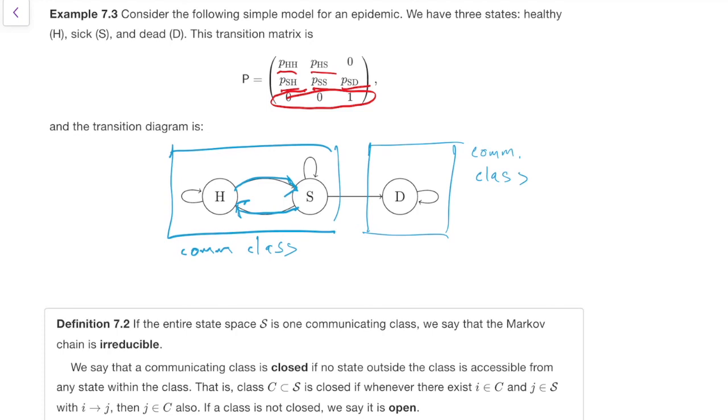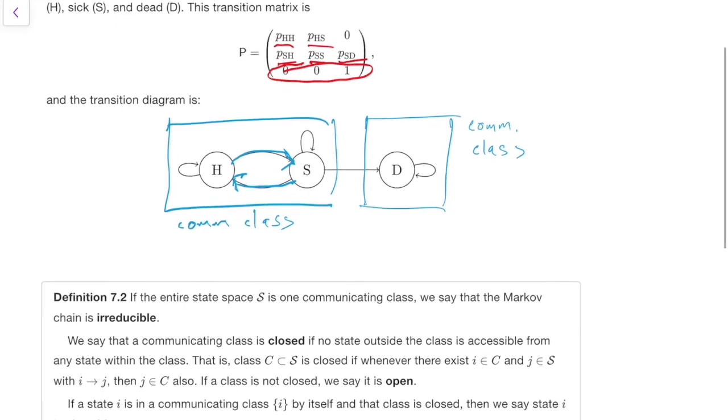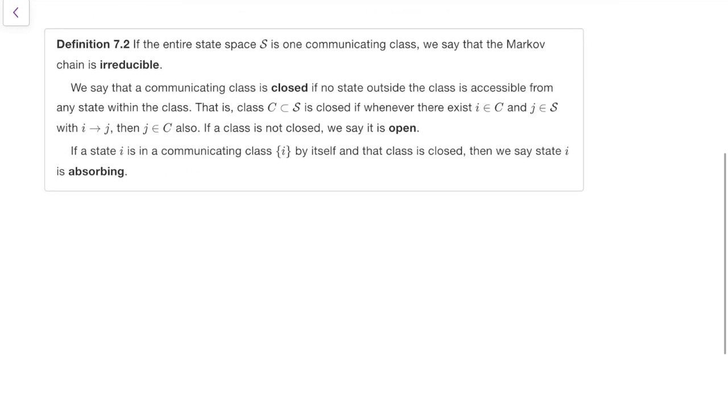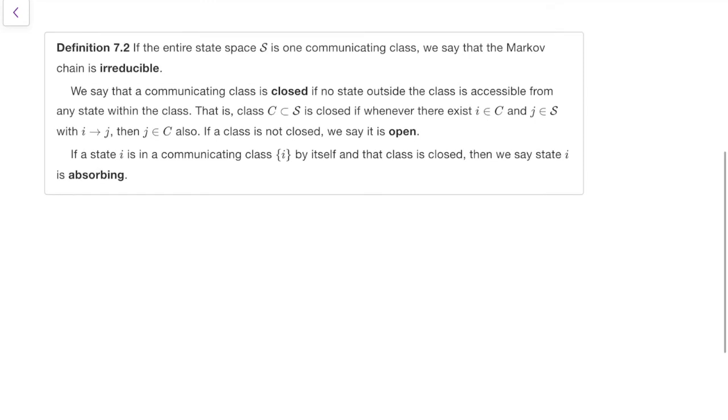Okay, so hopefully those examples have made it a bit clearer what these communicating classes are. They're the bunches of states that all communicate with each other. So it will be useful before we finish on this to have a few more definitions. So the first one here, if an entire state space is one communicating class, we say it's irreducible.